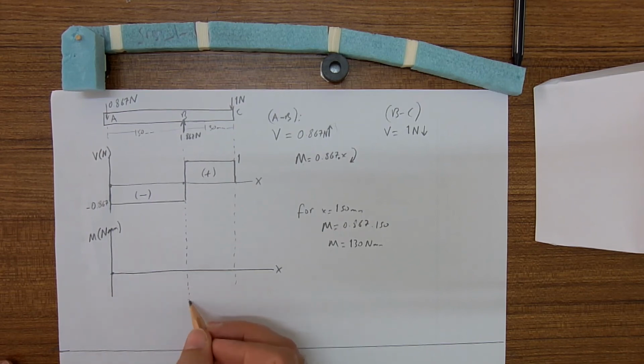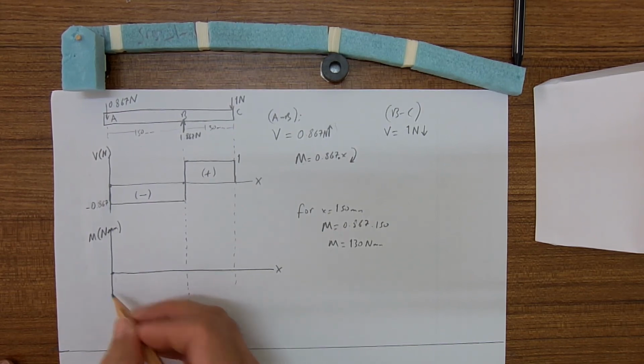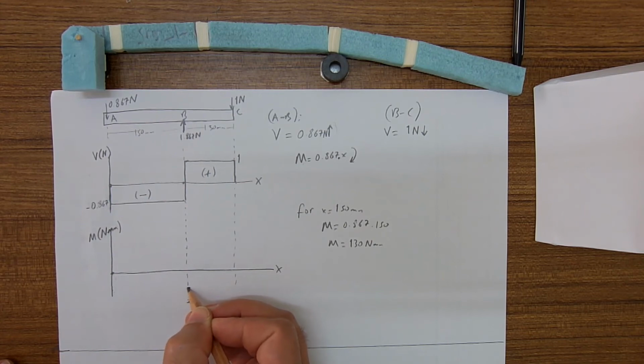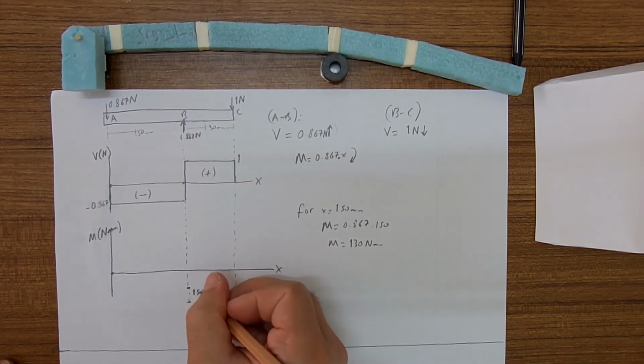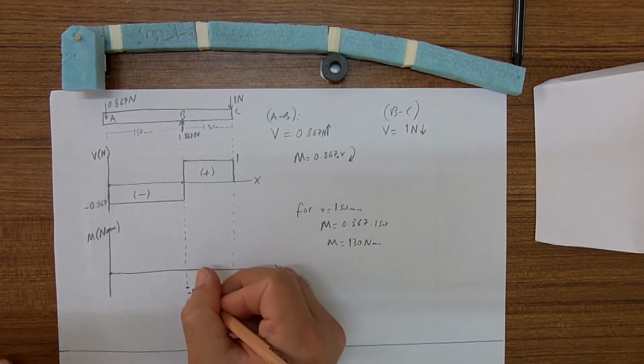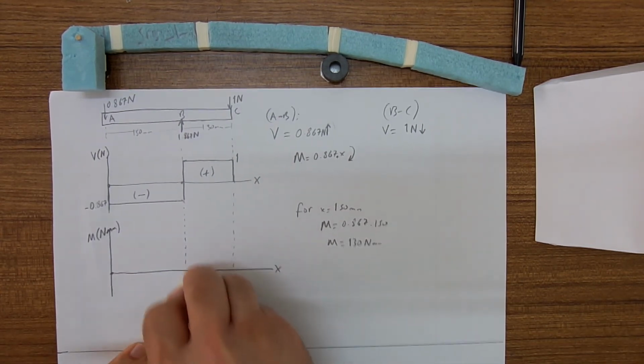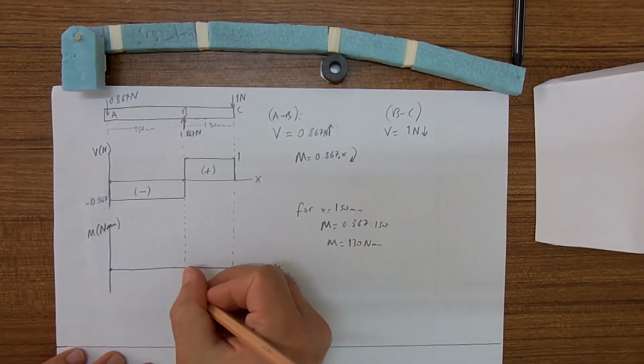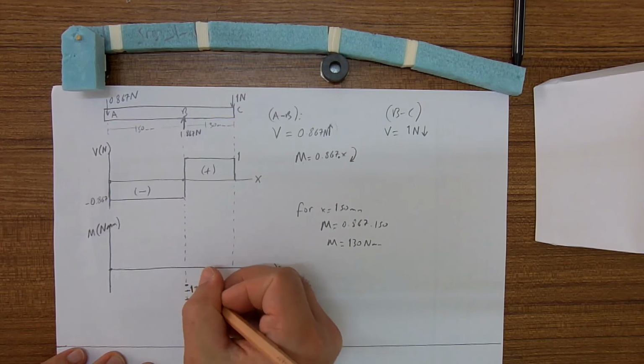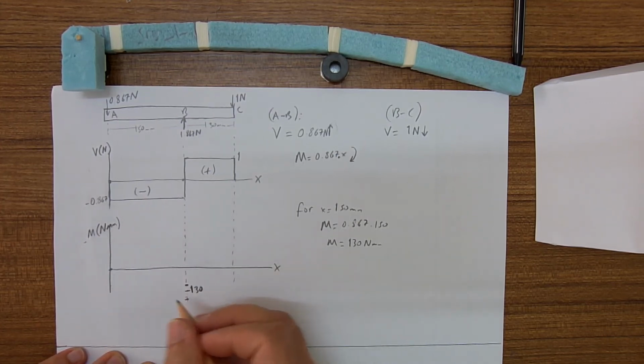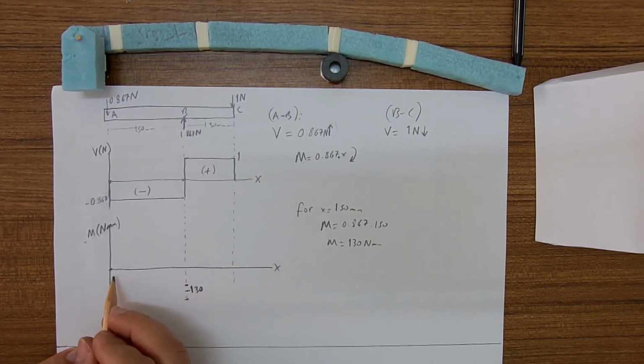Our slope will be downward, minus 130 Newton millimeter, and it is a linearly decreasing line.